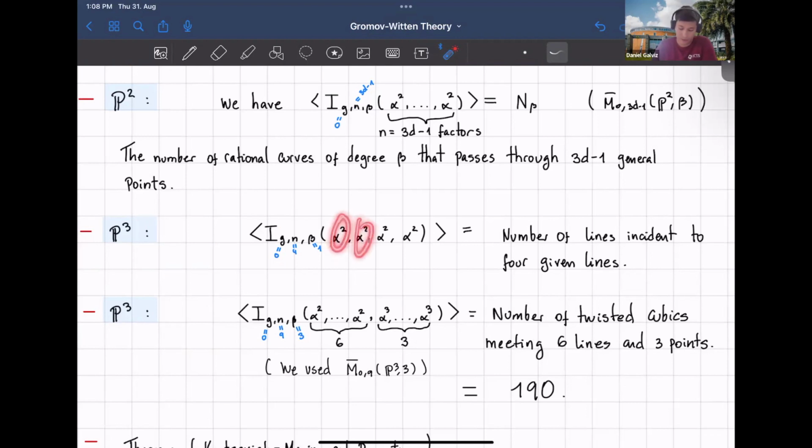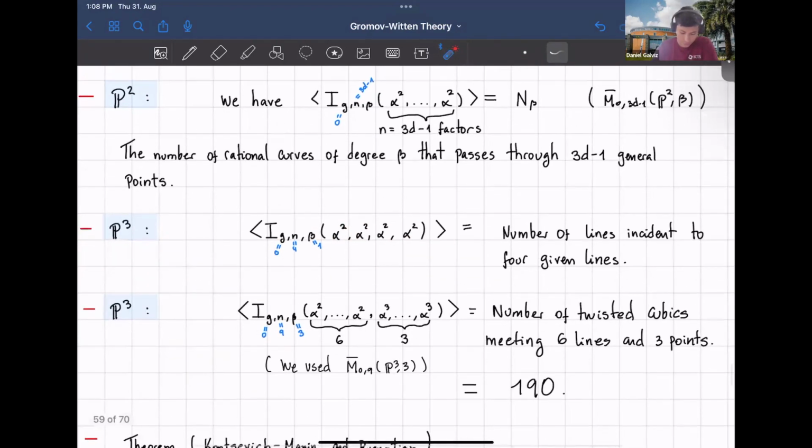And this will be related with the punctual cycles, and then the cycles are fixed in the position of these 4 lines. Then for P3, look, now I'm using a different degree because now I'm using different cycles, so different degrees of cycle, different structures.